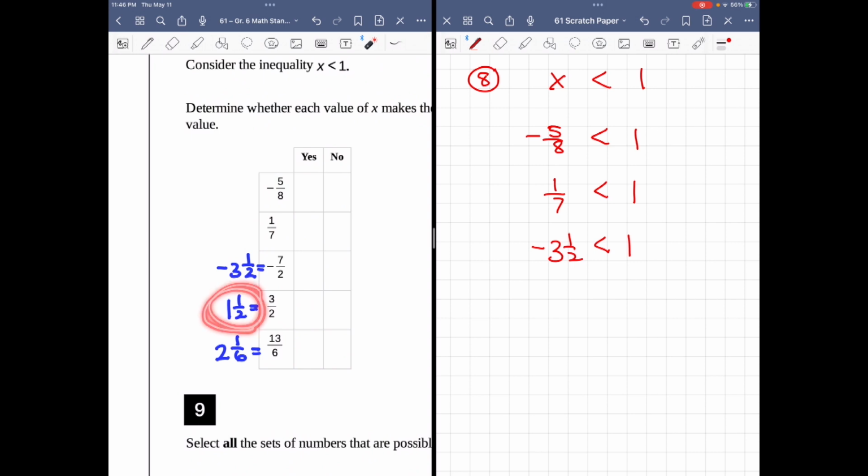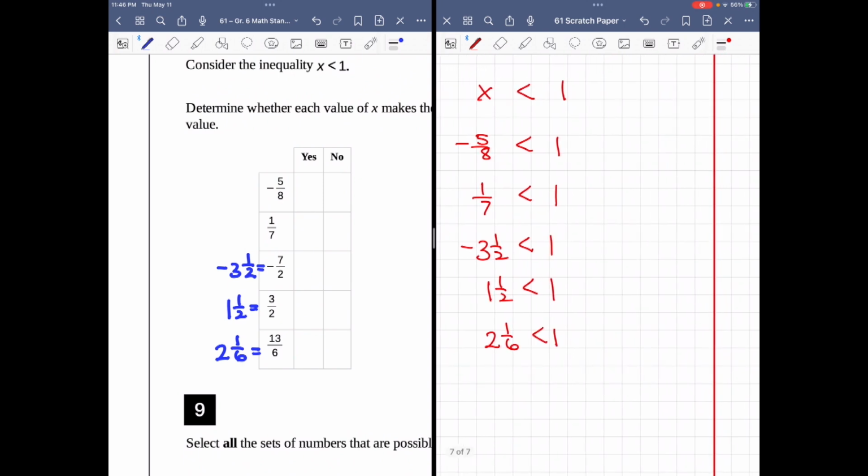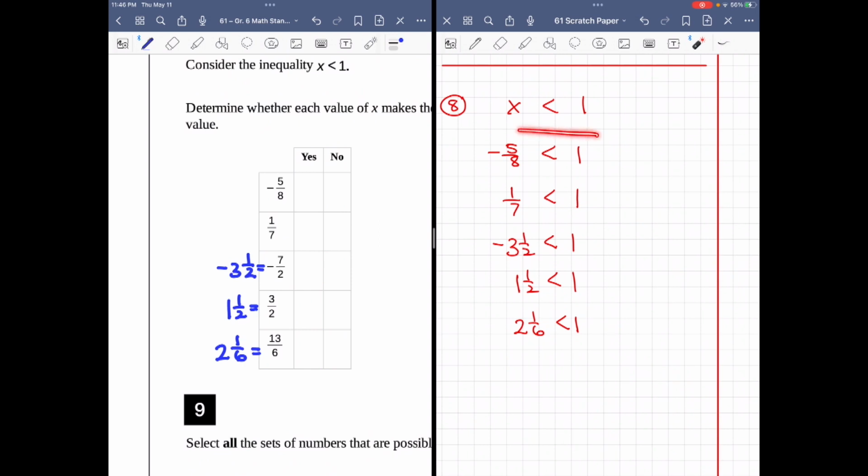Next is 1.5. 1 and 1/2 is less than 1. And finally, we have 2 and 1/6. So 2 and 1/6 is less than 1. So we're going to test every single one of these values. And let's box this one here so we don't get it confused with one of the answer choices. So we need to answer yes or no about whether each of these statements is true.